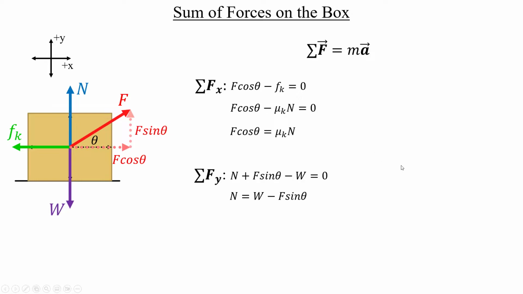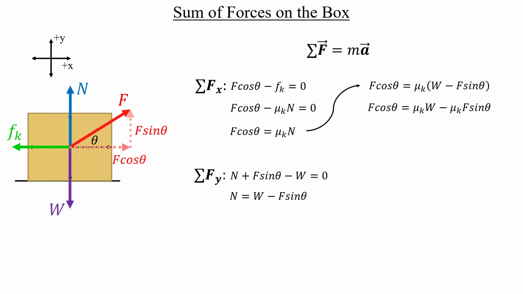I have some empty room here over on the right-hand side of this slide, so I'm going to continue our work with this equation over to the side, like this. If we plug that expression for the normal force into that x equation, here's what we get. The goal is to get F isolated, so let's begin by distributing the coefficient of kinetic friction into the parentheses.